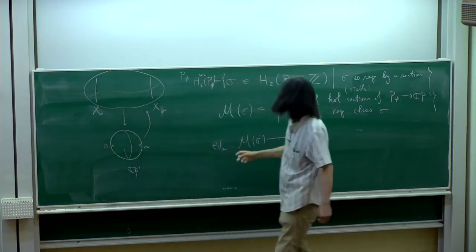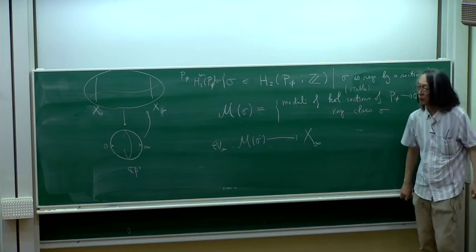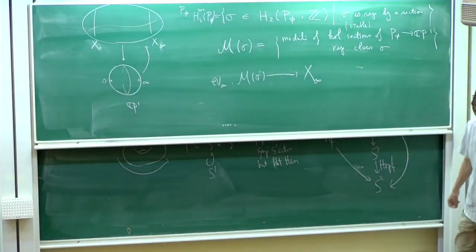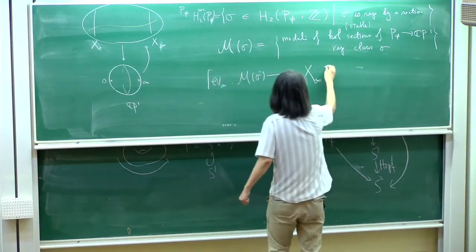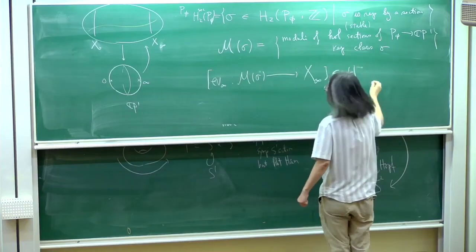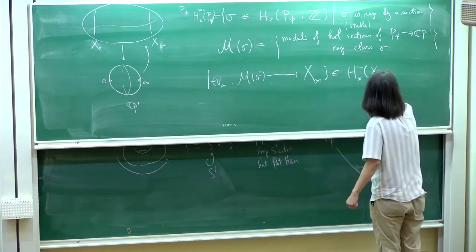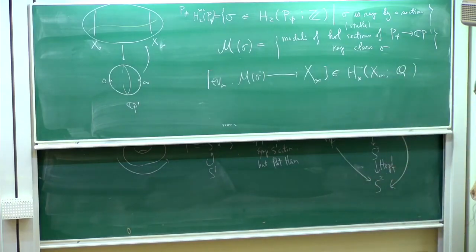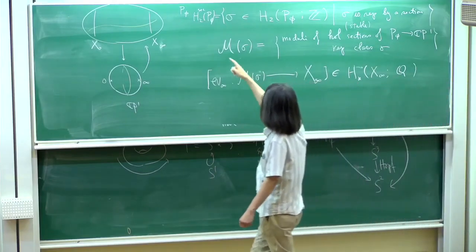But then I take the evaluation at infinity. Right? So this is actually a cycle, at least in the virtual sense. And so therefore this one gives you some class in H star of X infinity, maybe with rational coefficients. Okay?